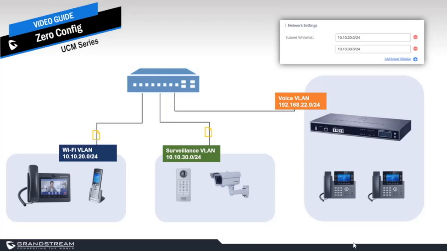When you do that, the UCM will honor the requests from the remote devices, fetch the information, look for the configuration file, and reply back to the devices in the remote VLANs.